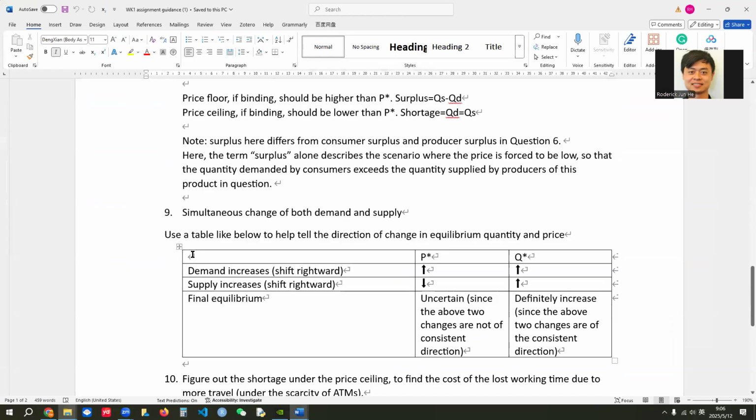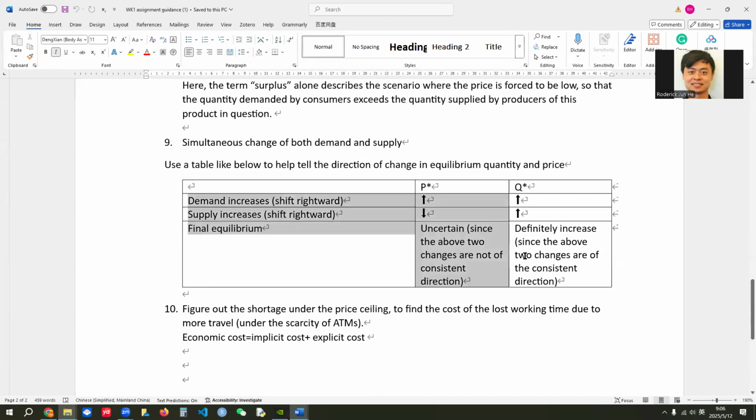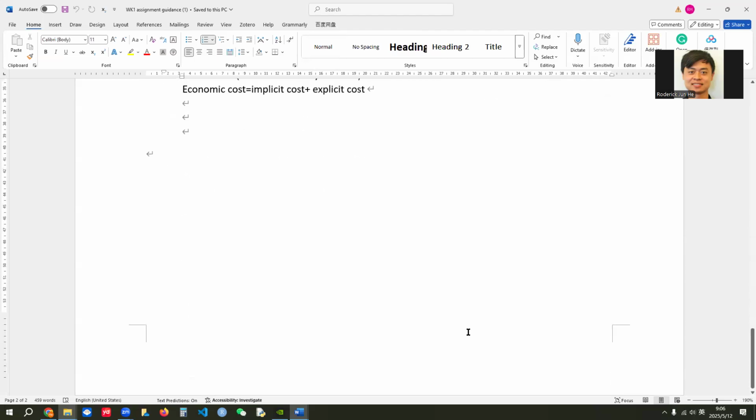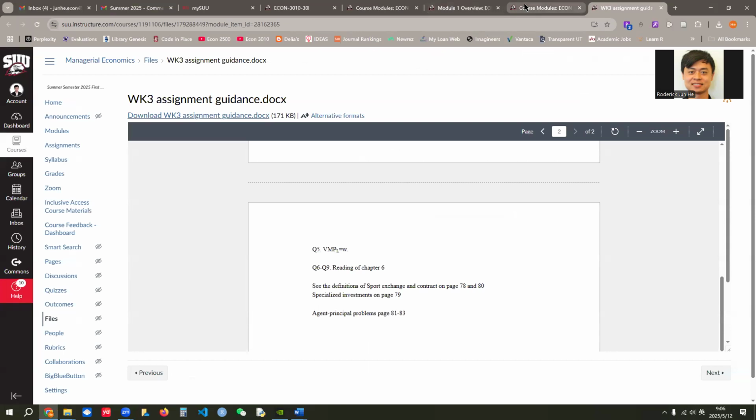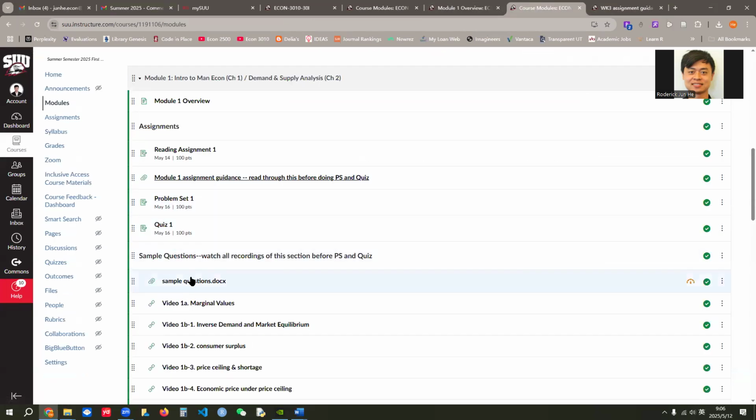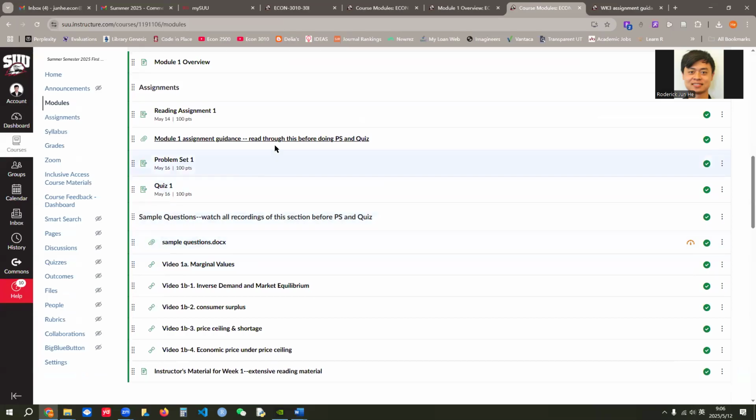And I have created certain tables to make the comparison clearer. I recommend that you go through those before doing your problem set and quiz, or use them as a reference for doing your problem set and quiz. And those are open book. So feel free to utilize those materials.